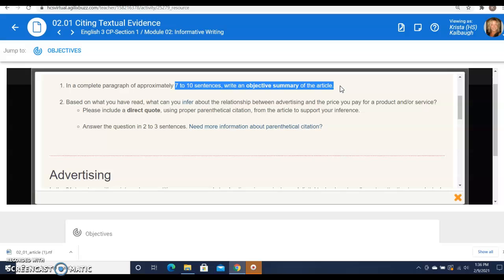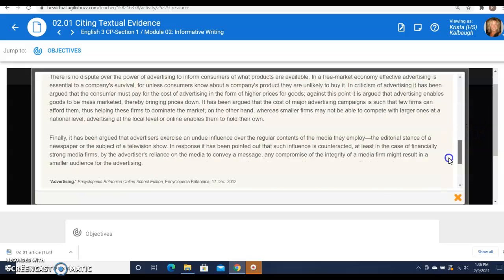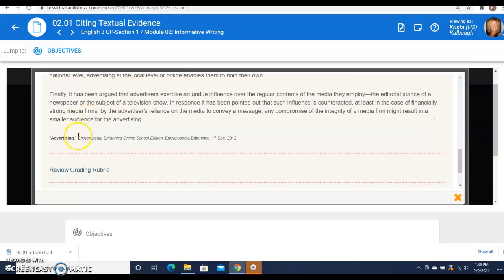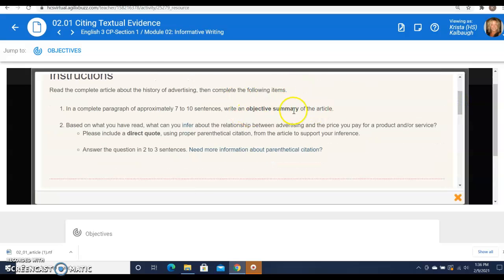Okay. And again, you are going to give credit where credit is due. So you need to say in the article titled Advertising, and you can even say from Encyclopedia Britannica. All right. And again, you're not going to give me any kind of opinion.